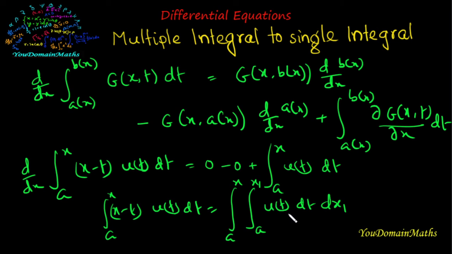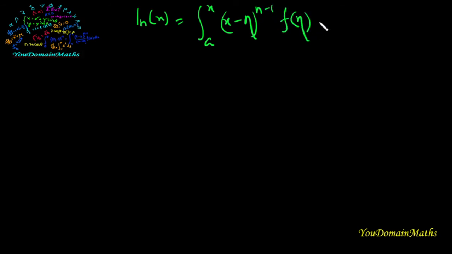So interesting. Now we will discuss the generalized form, converting the n-fold multiple integral on the right side to a single integral on the left side. For the derivation of the general conversion rule, we choose a function I_n(x) equal to the integral from a to x of (x minus eta) to the power n minus 1 times f(eta) d eta.